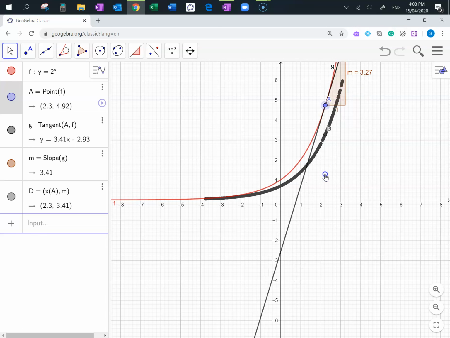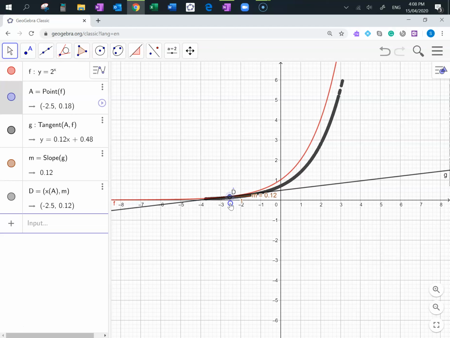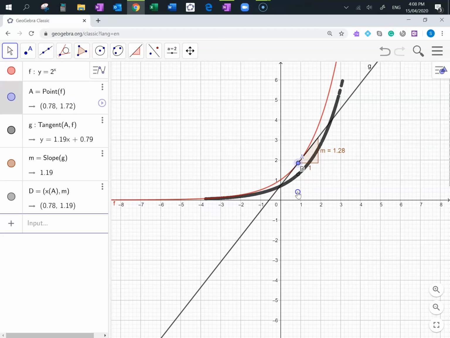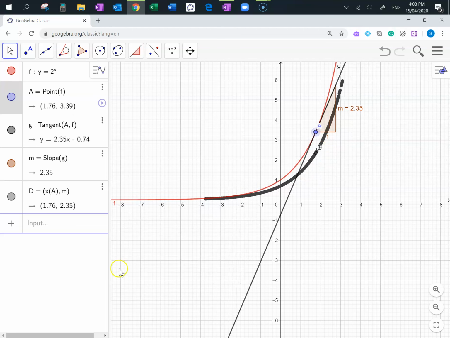I now need to try and figure out what that curve is, what the derivative of that curve is. And in fact, the black curve over here is the line y equals natural log of 2 times 2 to the power x.